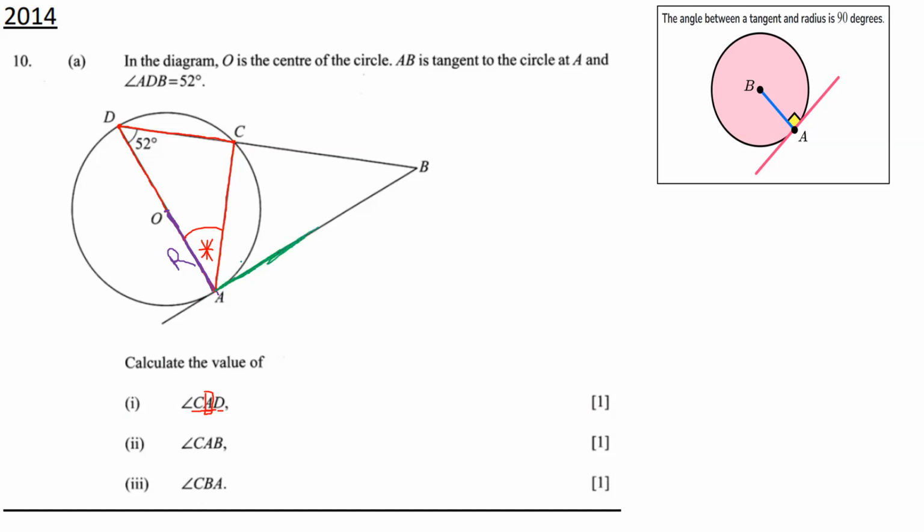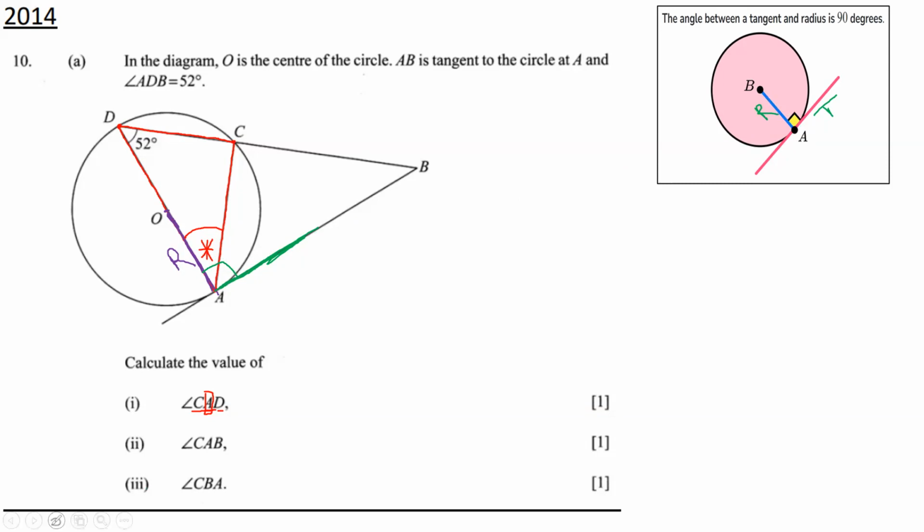So the angle formed between the purple line, which is the radius, and the green line, which is the tangent, is supposed to be equal to 90 degrees. That's very important. This full thing is 90 degrees.